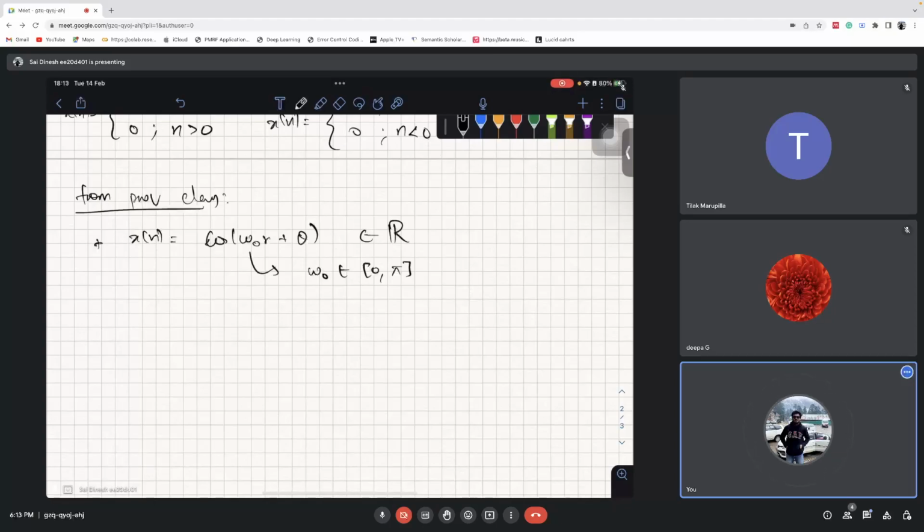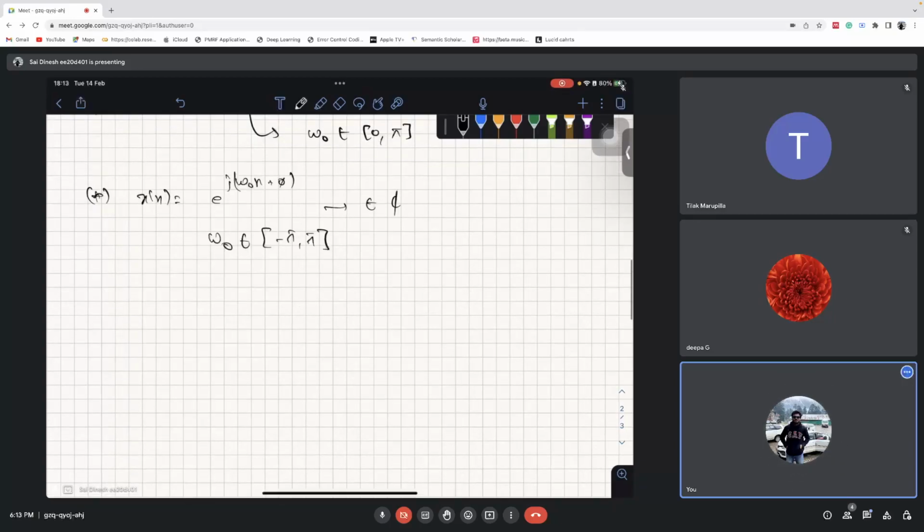And the second one would be x of n equal to e power j omega naught n plus phi. This signal belongs to the complex domain, right? In this case, omega naught belongs to minus pi to pi, so any value of omega can be brought back to minus pi and pi in the case of complex exponentials. This is what we discussed in the previous class.